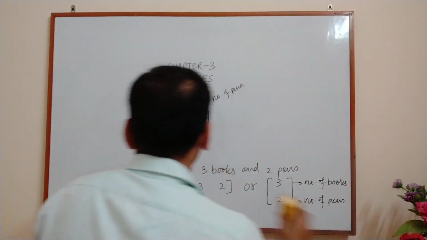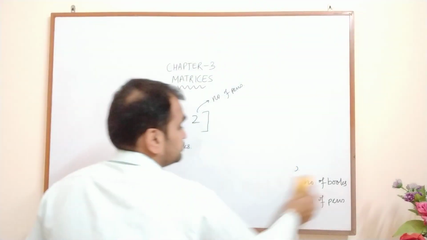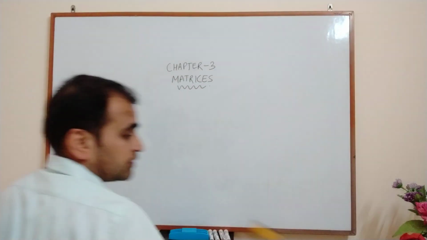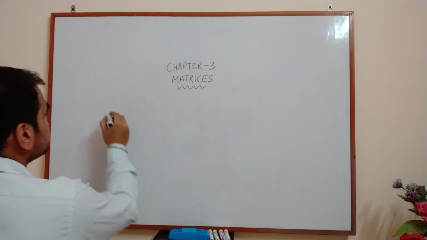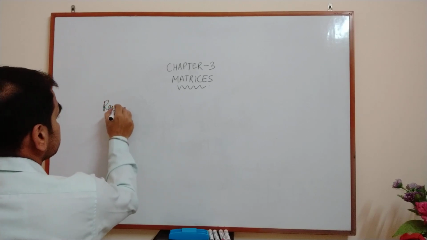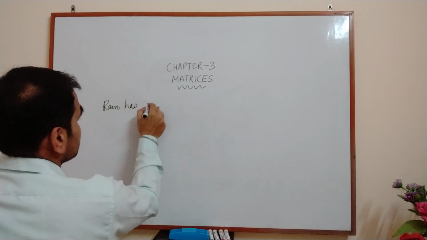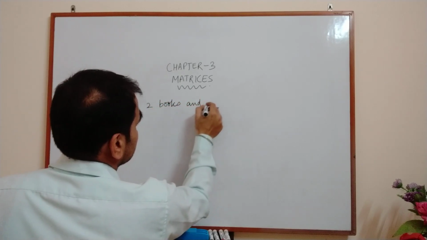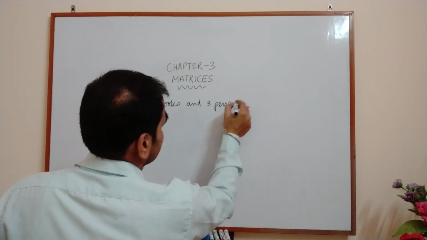Now suppose there are 2 persons now, Ram and his friend. Okay, now we have Ram has 2 books and 3 pens.